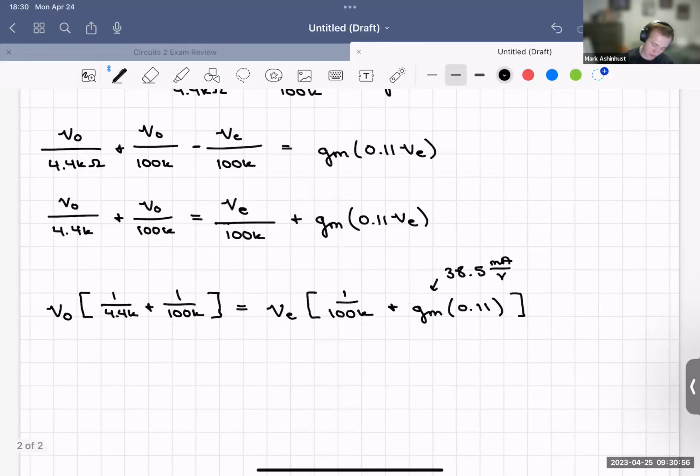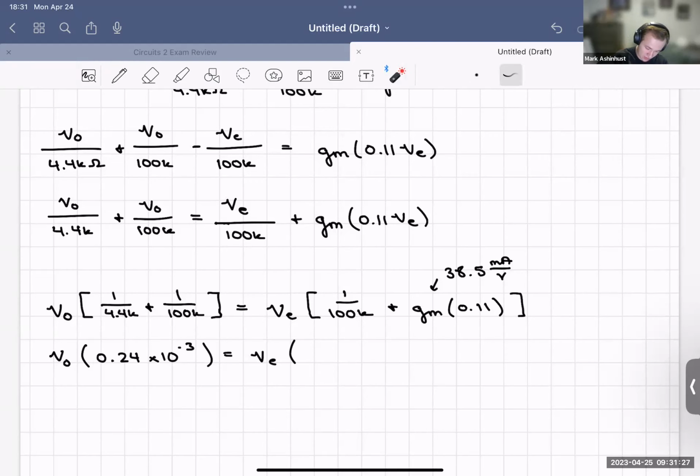So using your calculator, you get V out, and 1 over 4.4K plus 1 over 100K is 0.24 times 10 to the negative 3. And then we have VE, and then we have 1 over 100K plus 38.5 milliamps per volt times 0.11. I just put all that into your calculator. Other than the VE, just do what's in the brackets here.